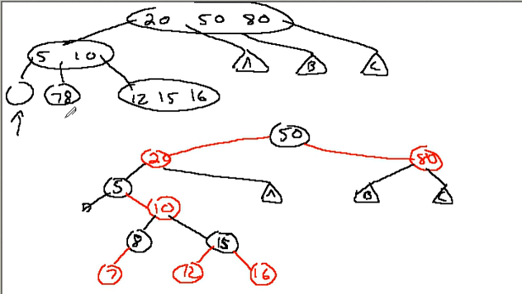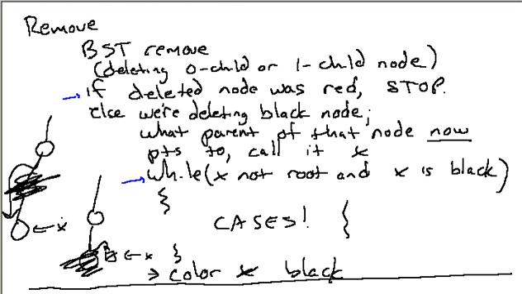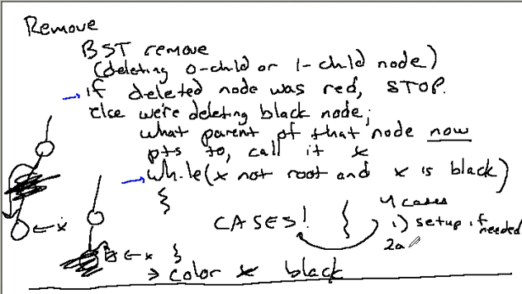However, before we can either deal with the steal or the combine, there's some other case we have to deal with first. And so when we talk about cases here, we're going to have 4 cases. We'll have a 1, which will be a setup if needed. And I'm going to discuss that first, because we will need it here. And then 2A and 2B, those cases will be the steal cases.